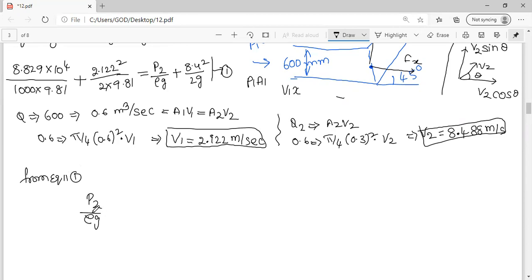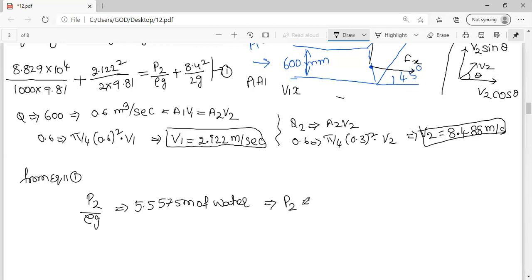Then P2 by rho g comes out to be, let me use the calculator, 5.5575 meters of water column. So I know the water column rho g. From this I can write P2.